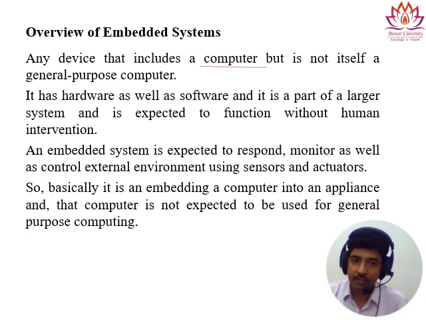An embedded system is expected to respond, monitor, as well as control the environment using sensors and actuators. So basically, an embedded system is embedding a computer into an appliance, and that computer is not expected to be used for general purpose computing.